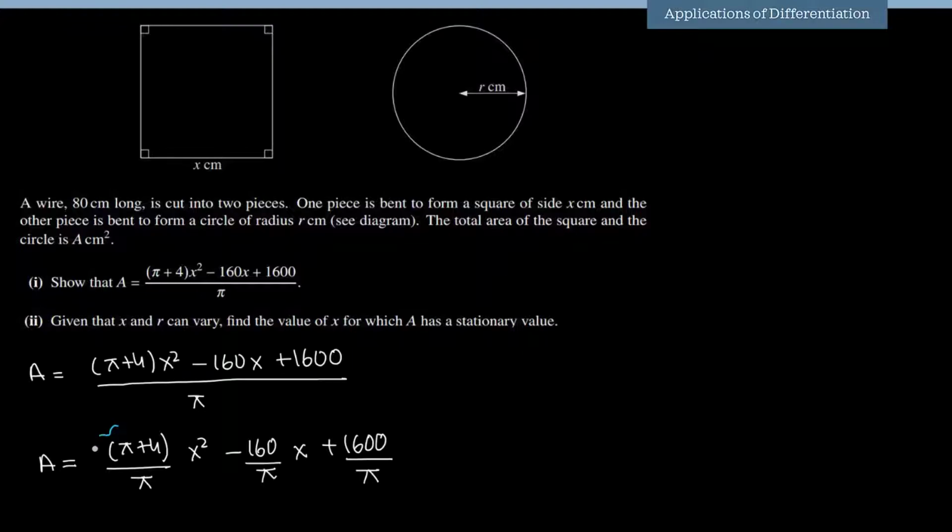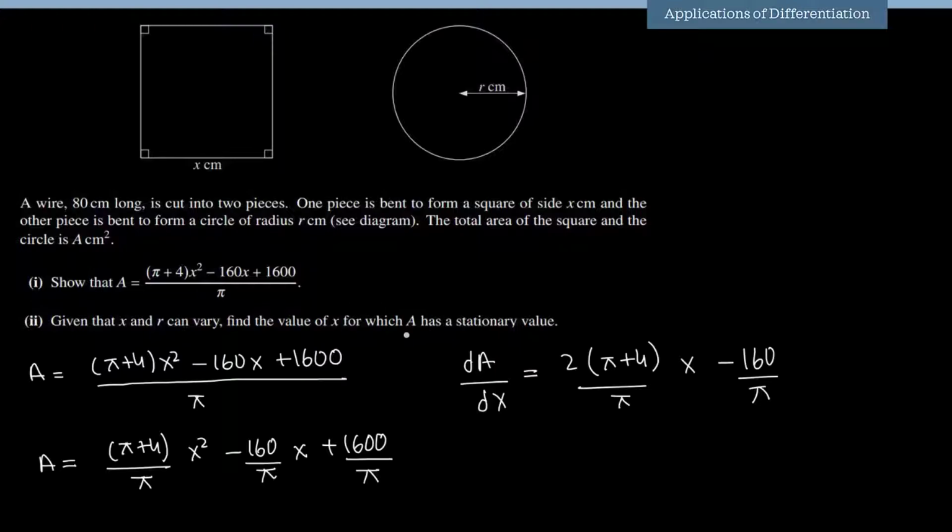This whole thing is a constant over here. dA upon dx is equal to 2 times (pi plus 4) upon pi x and minus 160 upon pi. This whole thing is a constant, so its differentiation is going to be 0. So this is the differentiation of this whole equation.